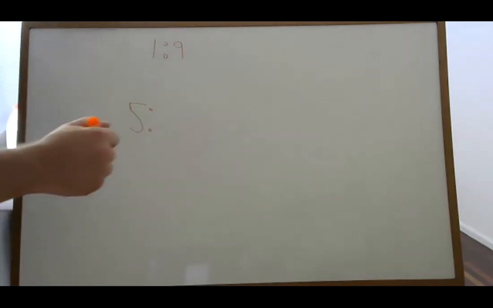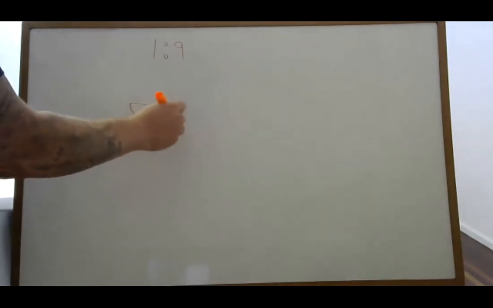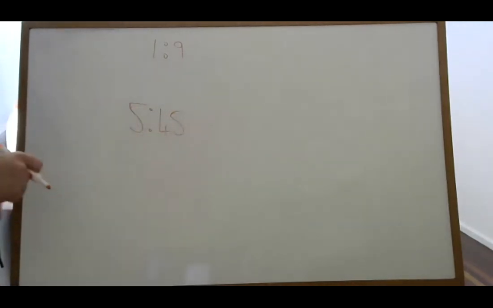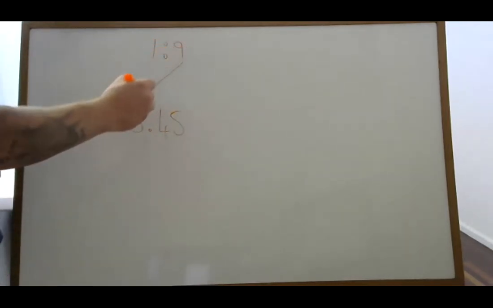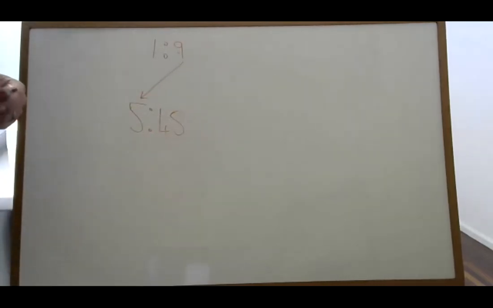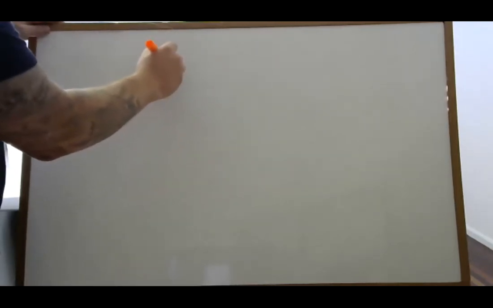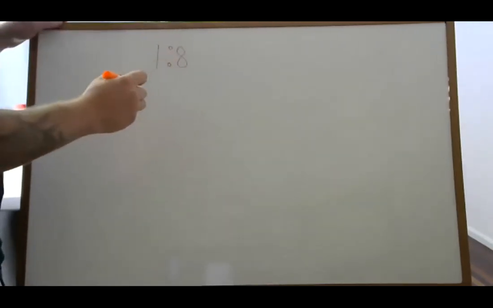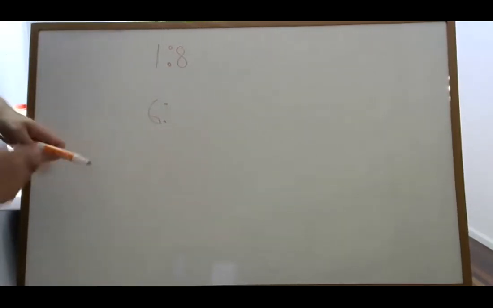So Harrison says 5 to 45, so it is Ryan. So easy way when you're doing equivalent fractions, just times this number by that. Okay. 1 to 8. Six. What do we got here?